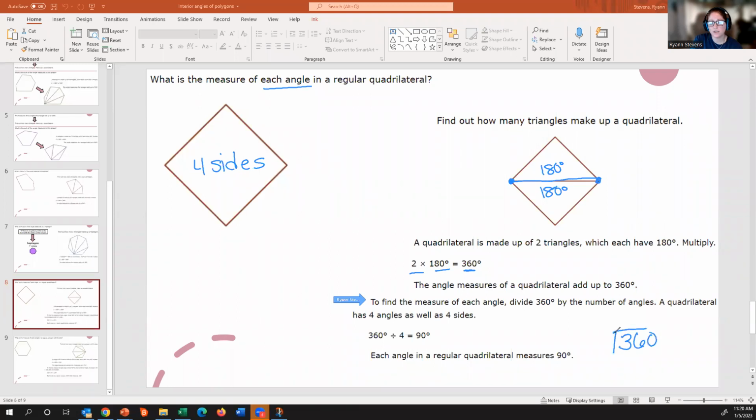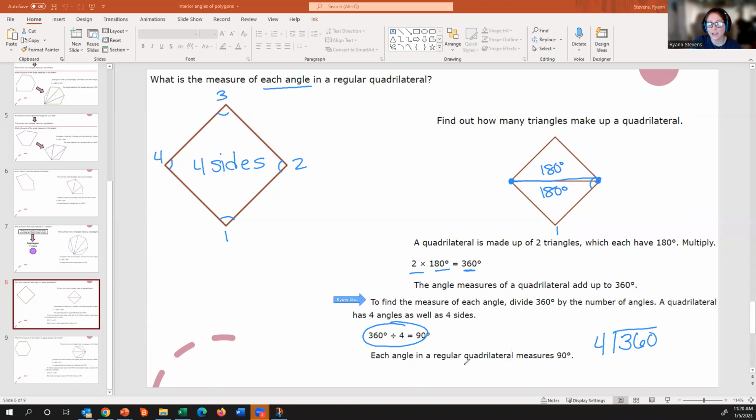So 360, we've got 1 angle here, 2 angles here, 3 angles here, and then 4 angles total. We're going to divide 360 by 4, or you could write it like this here, and that's going to give us an answer of 360 divided by 4 is going to give us 90.